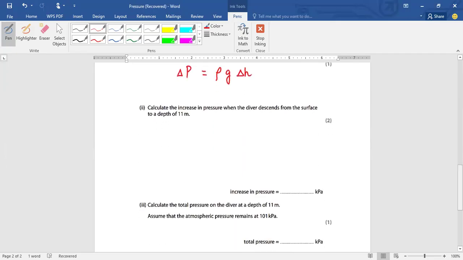They're asking for the increase in pressure because as the diver goes deeper and deeper, due to the greater amount of water above the body, the pressure will be more, right? This is the concept we have developed. So we are going to use pressure equals rho g h, right?